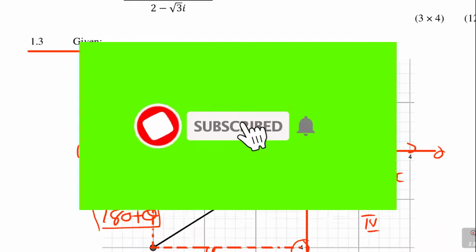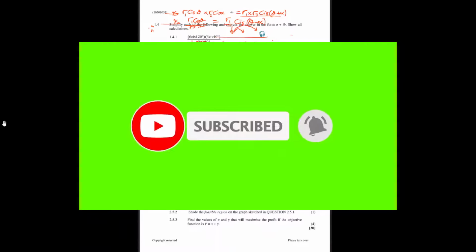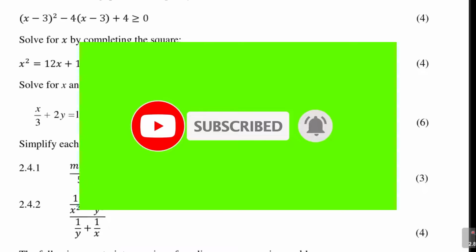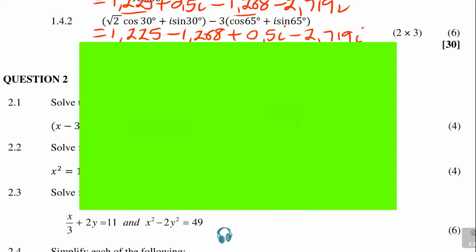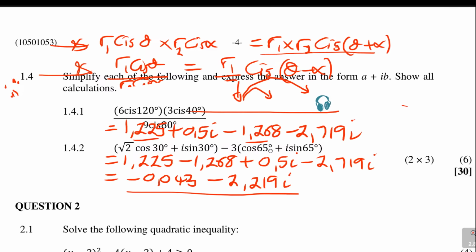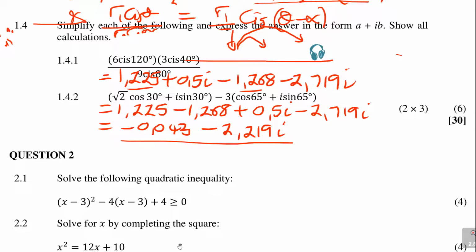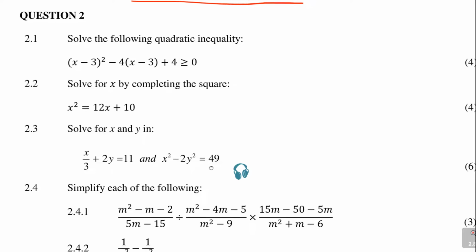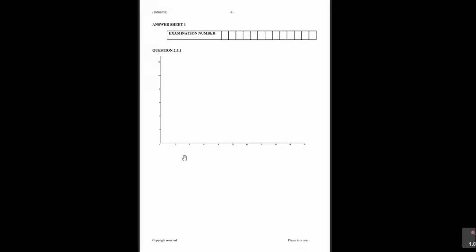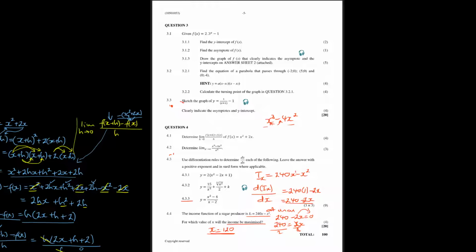Question 1 was out of 30 marks. It went over to the next part. I jumped question 2, I didn't do question 2, so that's what we'll be doing in this section. I also did not do question number 3.